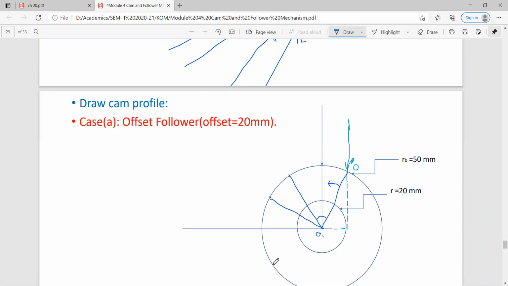So again I will mark the next angle here, angle of return, as 60 degree.